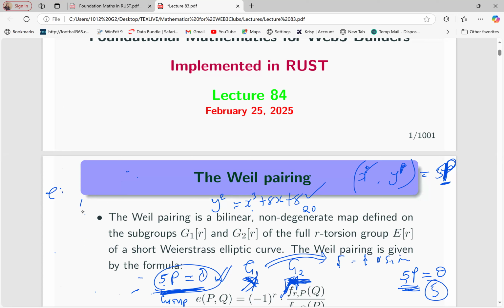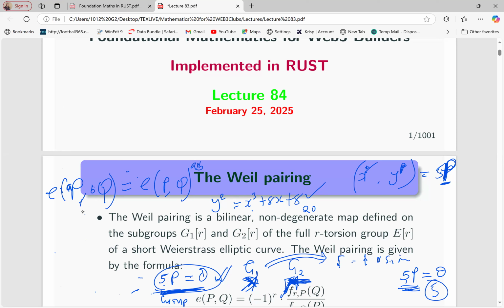that maps, let me say, points P and Q, where P is coming from maybe the first group and Q is coming from the second group, such that if there is an integer A multiplied by P, and another integer B multiplied by Q, it will give you the same result as the pairing of P and Q raised to AB.